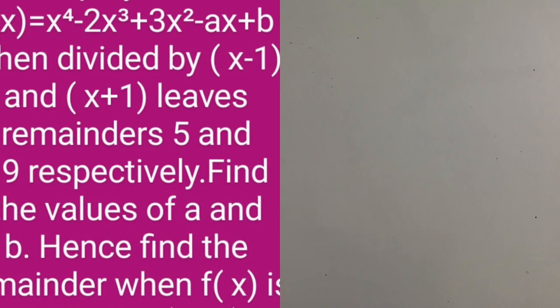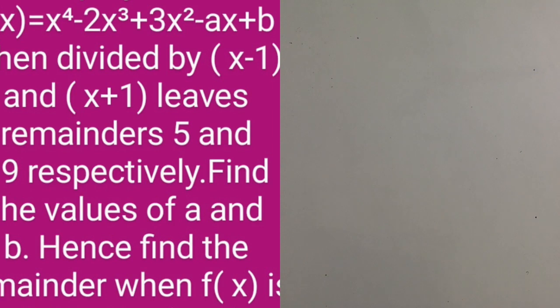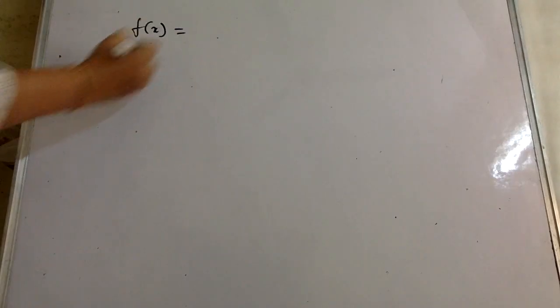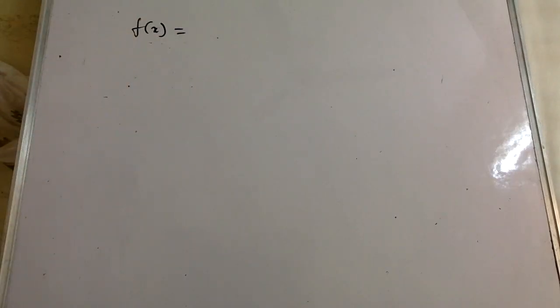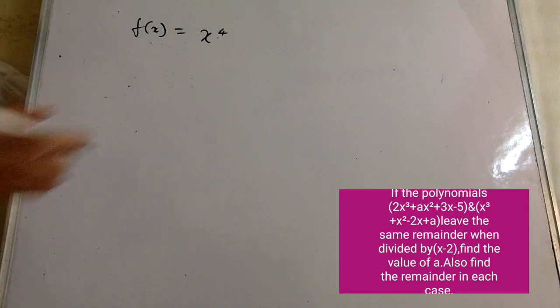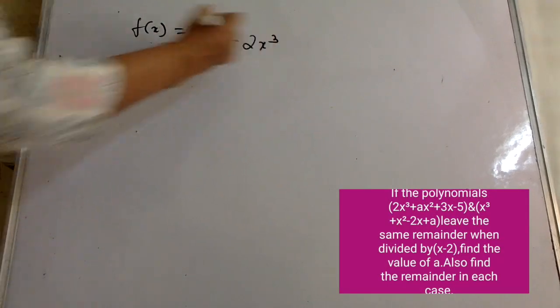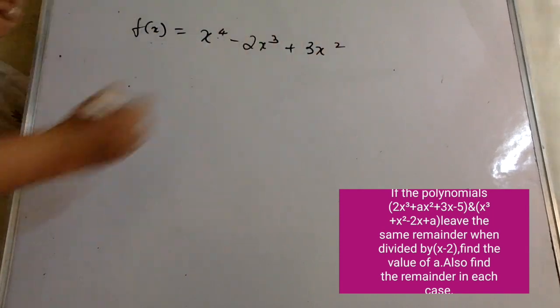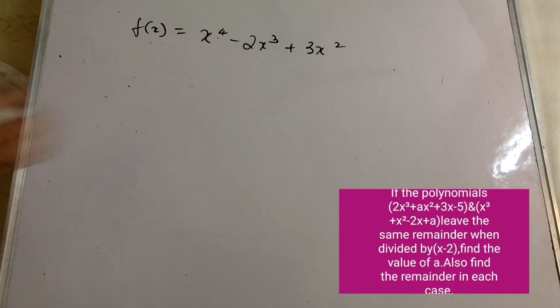So once you are dividing with x plus 1 and then with x minus 1, the expression, let me write it, fx is equal to x to the power 4 minus 2x cube plus 3x square minus ax plus b.